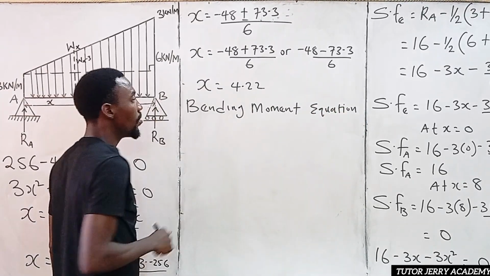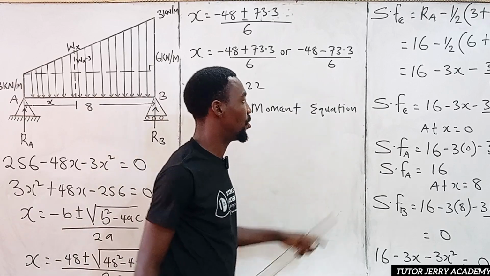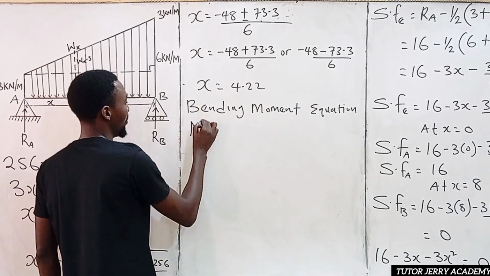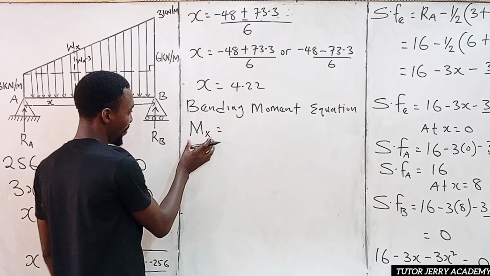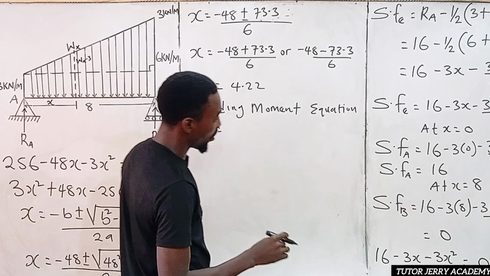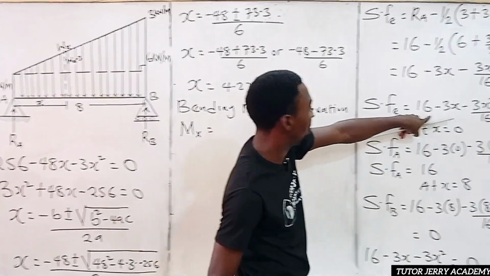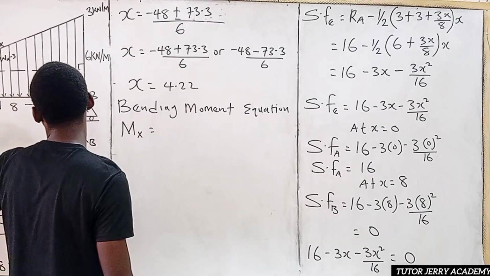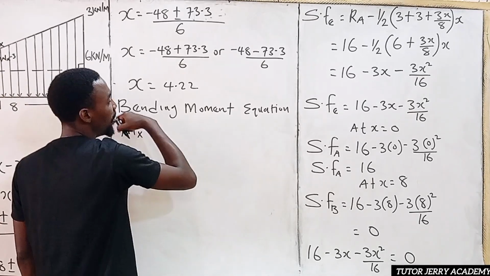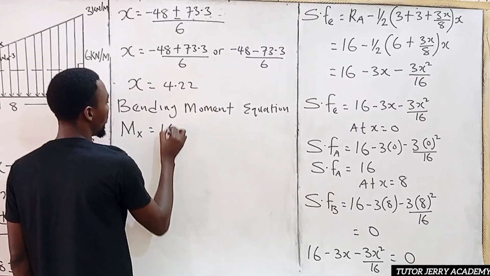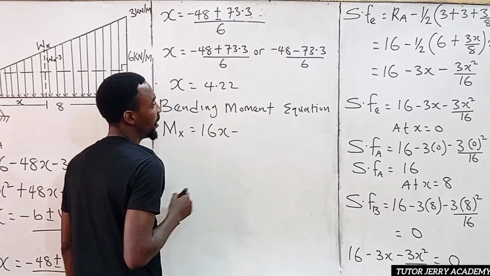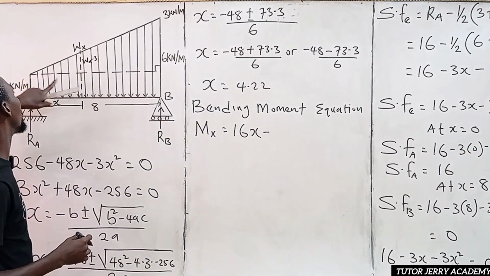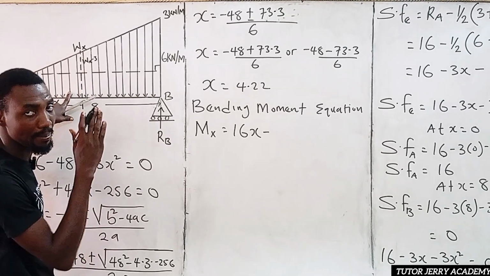Now for our bending moment equation, you just need to go for our shear force equation. Our bending moment equation will be equal to 16 multiplied by S, because this is our 16 here. If we multiply that by S, we are going to have the moment at that point. So it's going to be 16S, then minus 3S, which is the uniform distributed load converted to a point load.